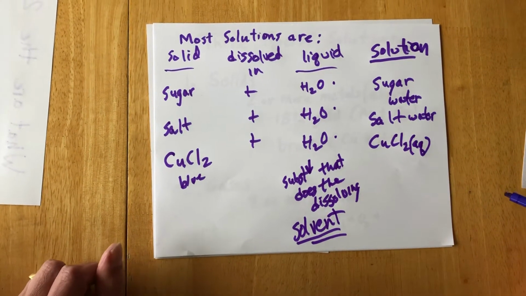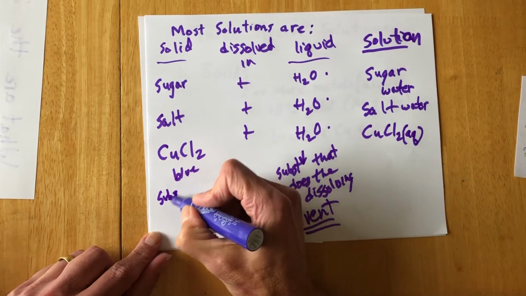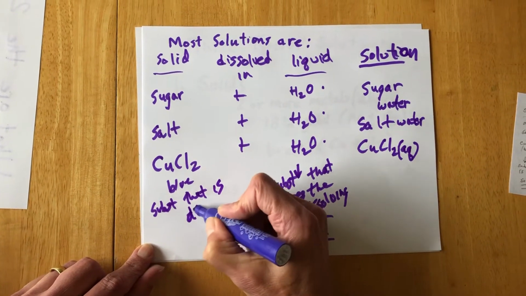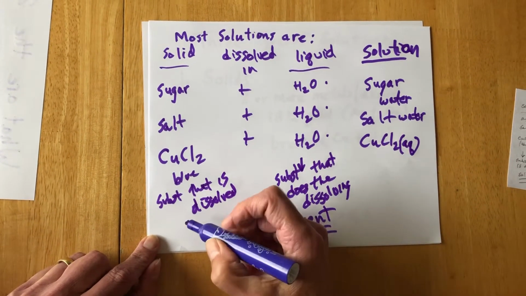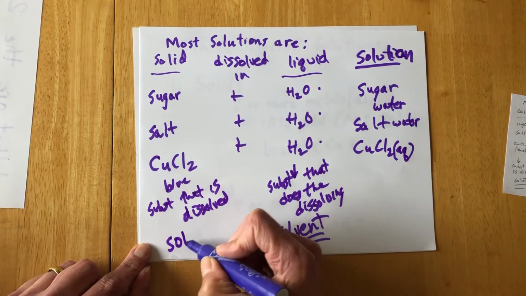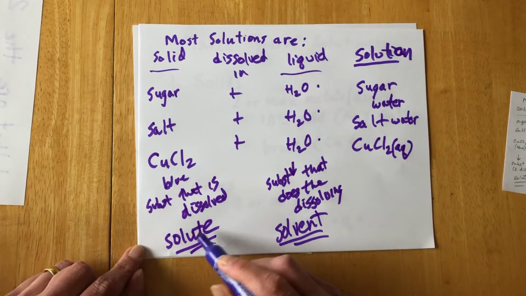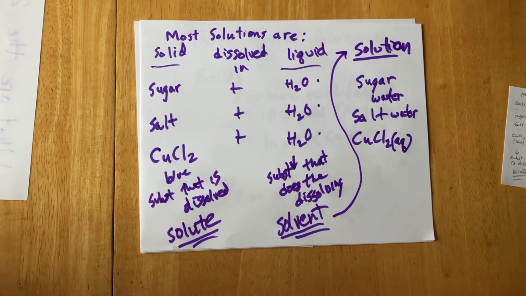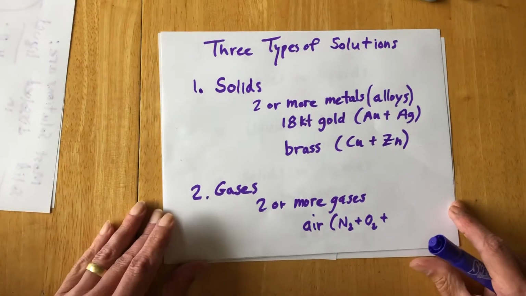Doesn't always have to be water, but most of the time it's water. Now, what about the substance that is dissolved? The sugar, the salt, the copper chloride. That is called the solute. So, solute plus solvent equals solution. Any questions? As usual, there are no questions.